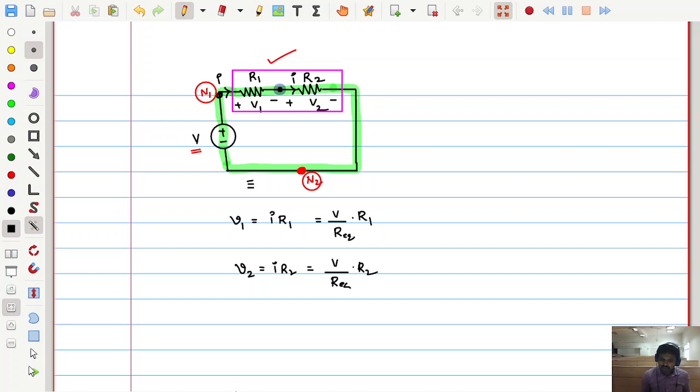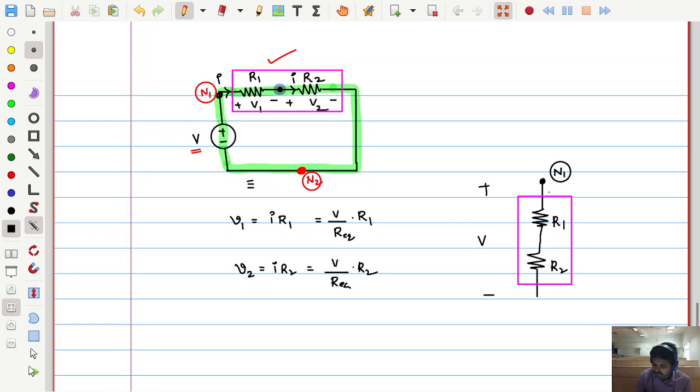That means, if I take a simple way, this is R1, this is R2, and this entire thing is inside a box whose voltage is V. This is connected to V. I am showing only some portion of the network. These are connected between N1 and N2. Here we may have one more node, but no issue. We are not interested inside the box.